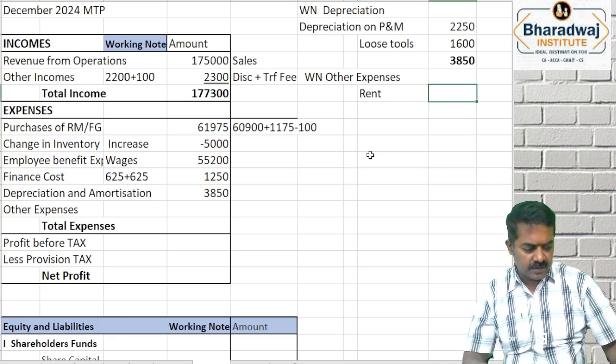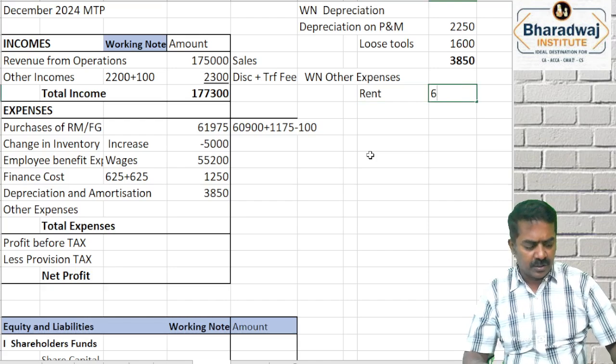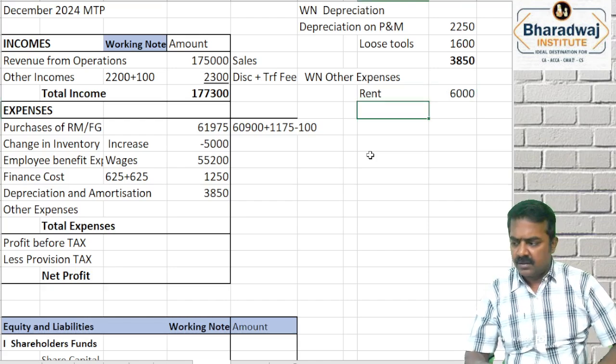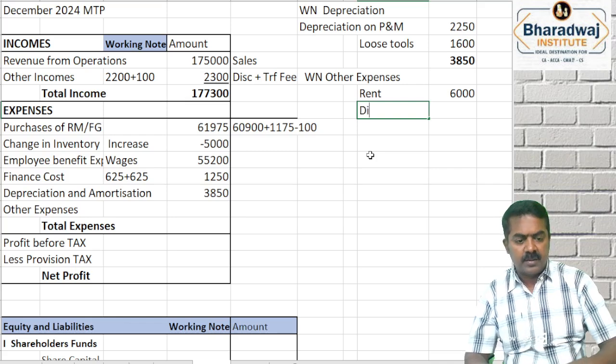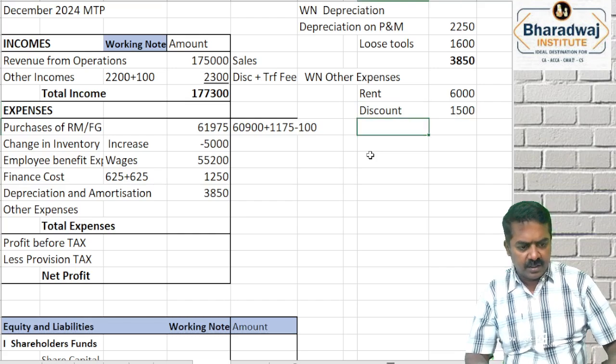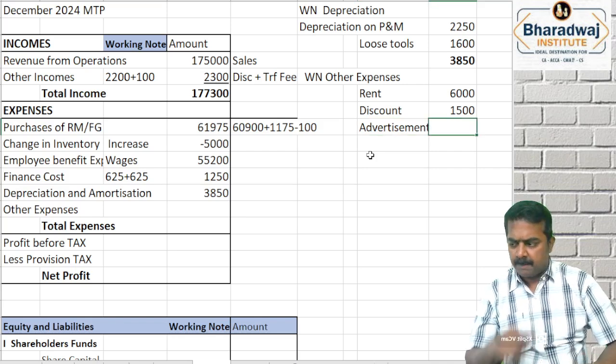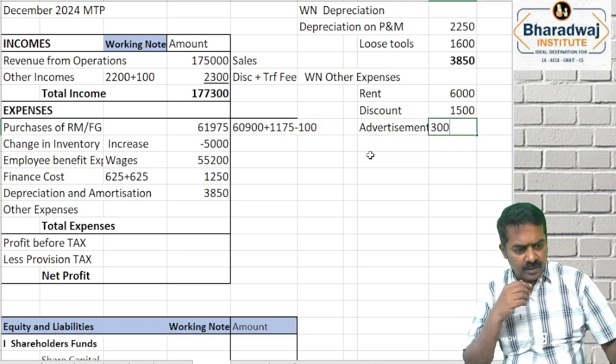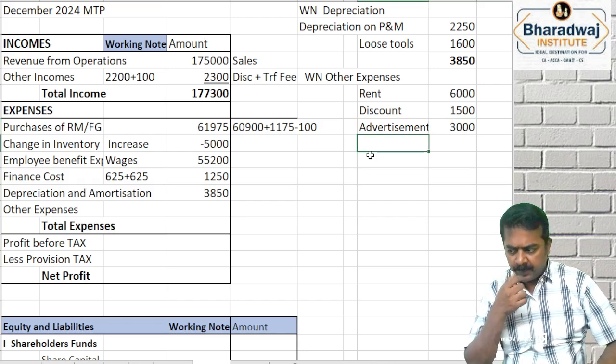Rent and taxes 6,000 is given. What else is there? On the debit side, advertisement. How much is advertisement? 3,000.